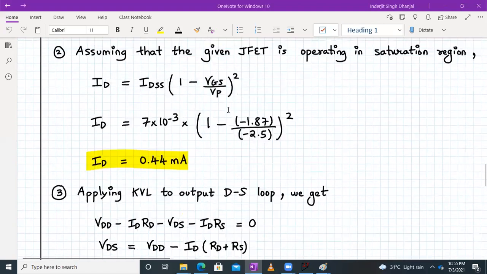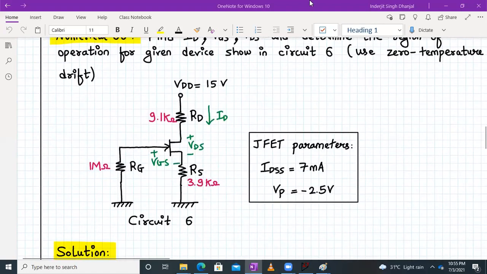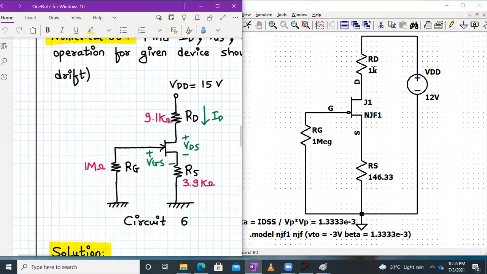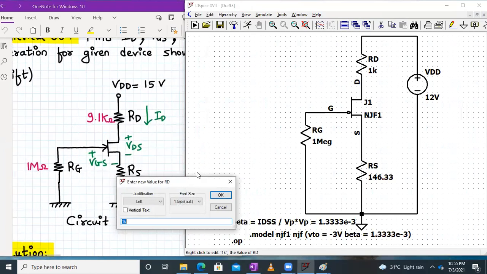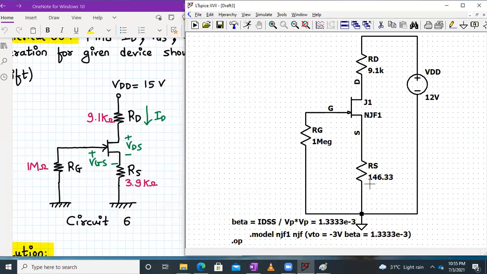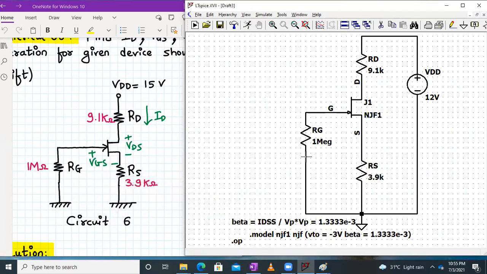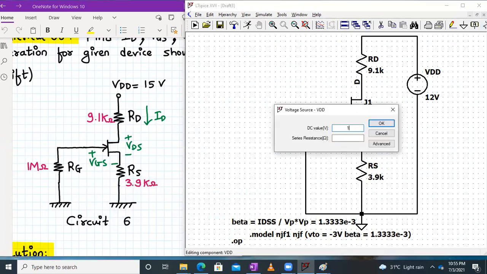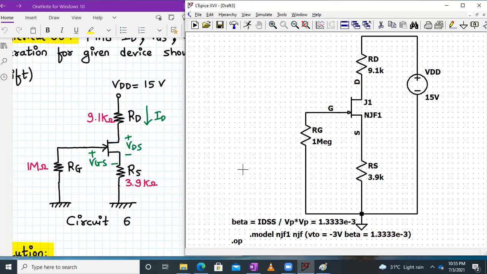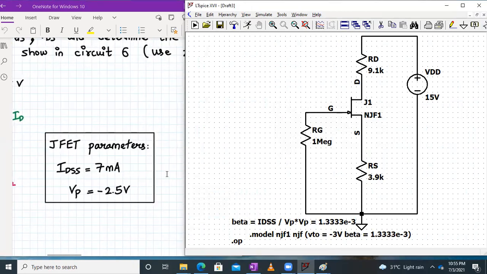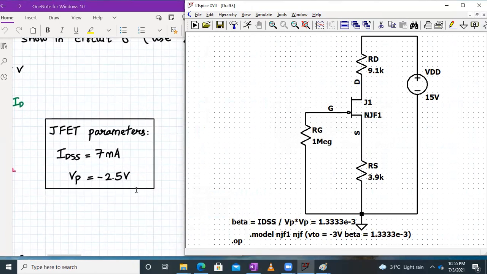Okay, so now let's check this out in Spice quickly. We have to just modify it over here. So RD value is 9.1K, RS value is 3.9 kilo ohms, and RG is 1 mega ohm. Supply voltage VDD is 15 volt, and here the parameters of JFET are 7 milliamperes and VP minus 2.5 volt.